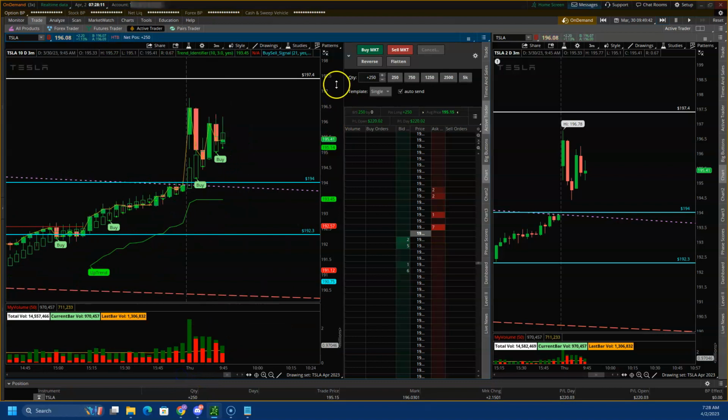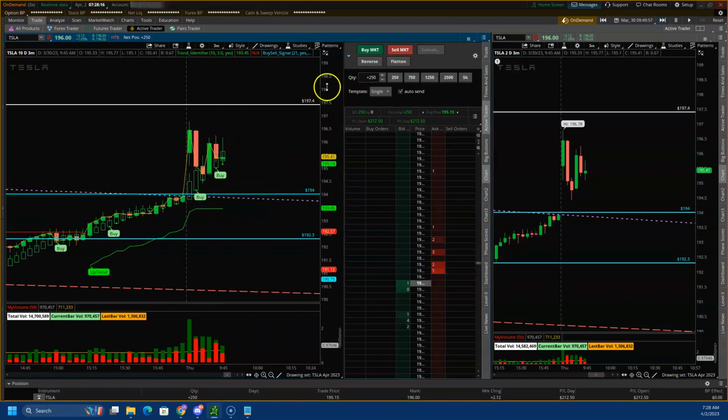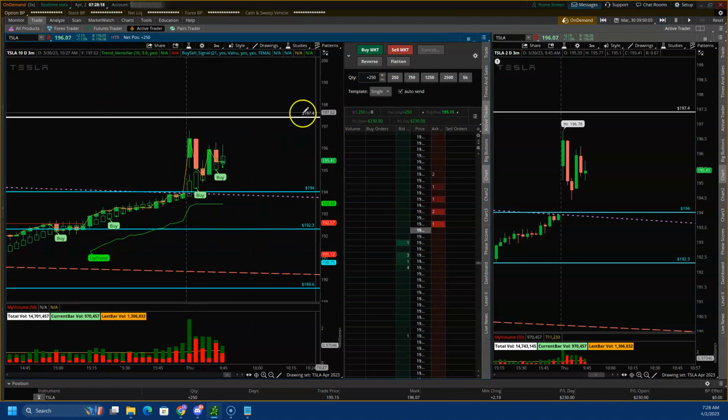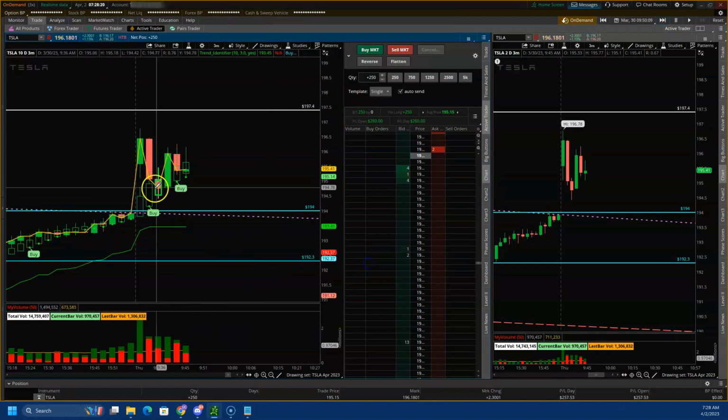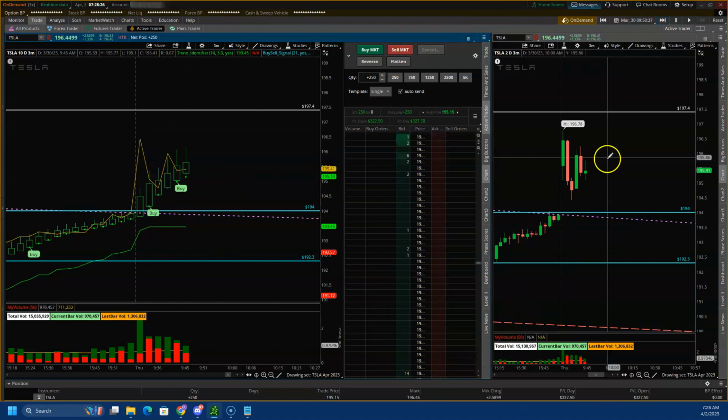Where should my stop loss be, things of that nature. You can use those, but you really don't have to, because this in itself gives you what you want to do. So we'll let it go for now and see how it plays out.